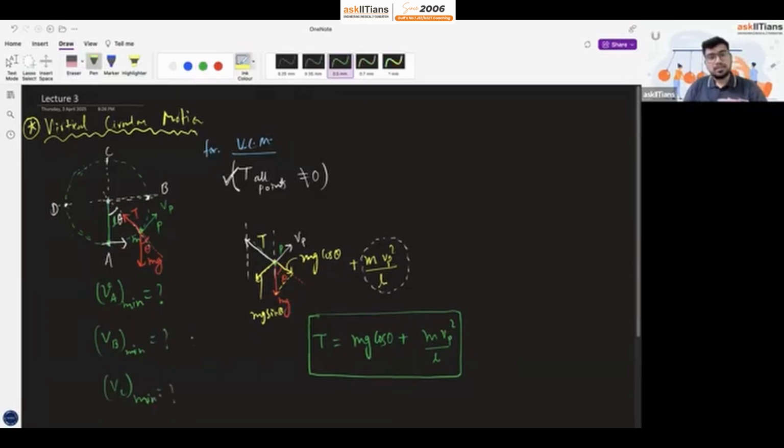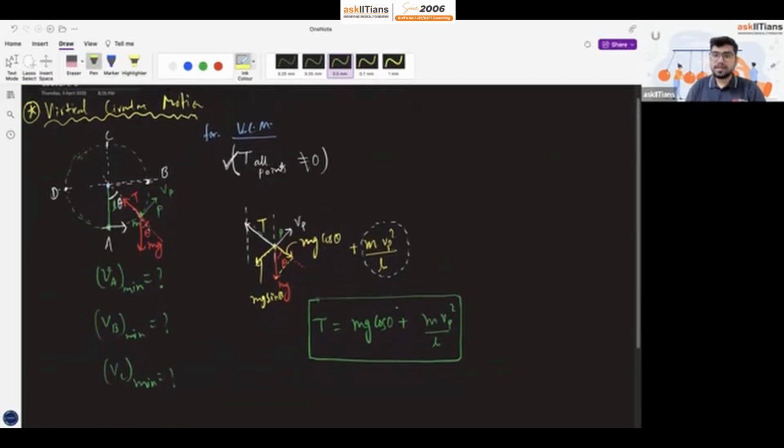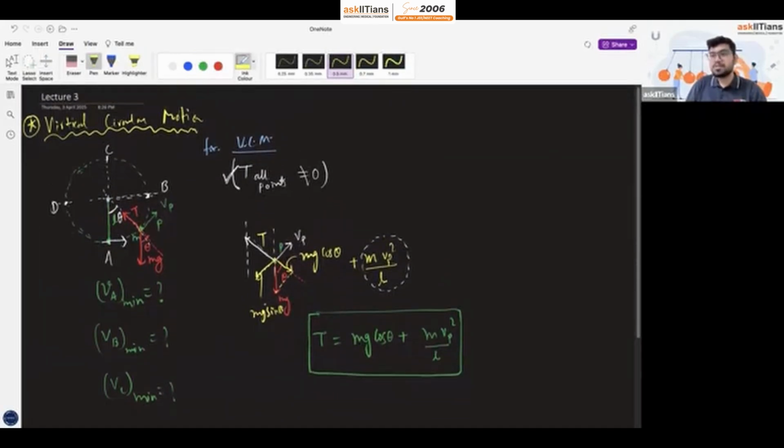Now, if I talk about this particular equation, you will find a very interesting thing, that is, this tension would never become zero. Like, tension cannot be zero if it is in this zone. Think about it. For this specific cos theta values, you would never get tension to be zero.